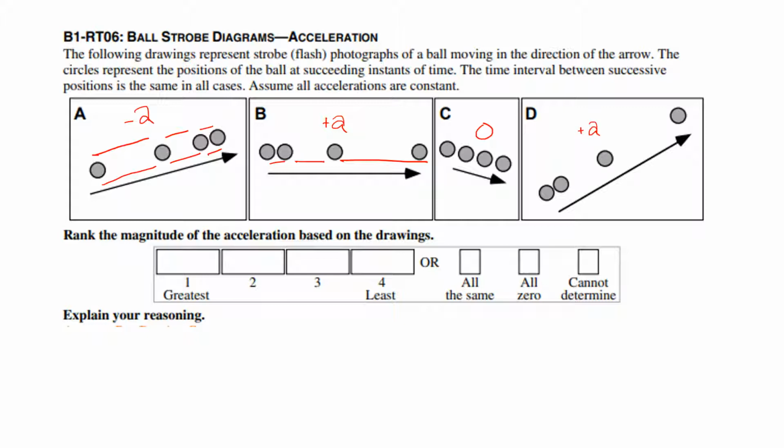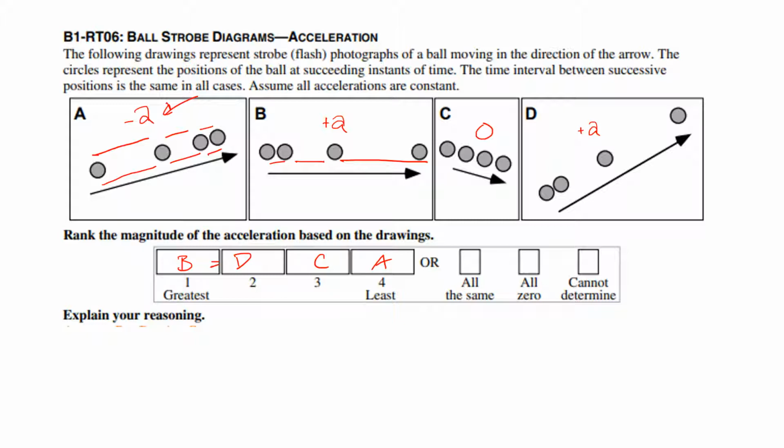So if this question asks to just rank the accelerations, if we ignored the word magnitude, then I would probably do this as B is equal to D, which is greater than C, which is greater than A, because A has a negative acceleration. Unfortunately, this is the advice I gave you yesterday, but I forgot about this word magnitude.